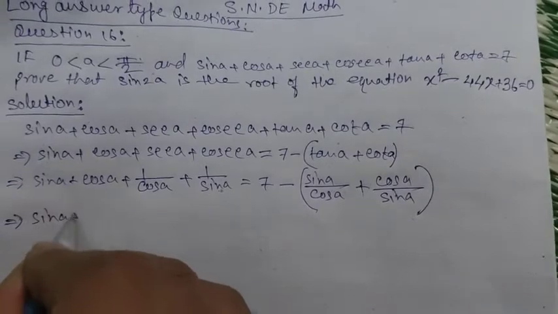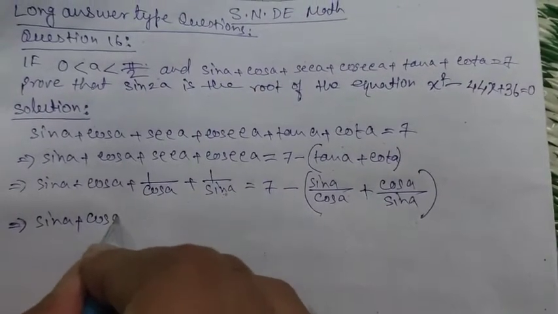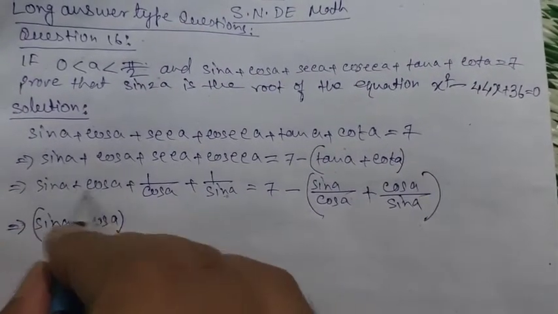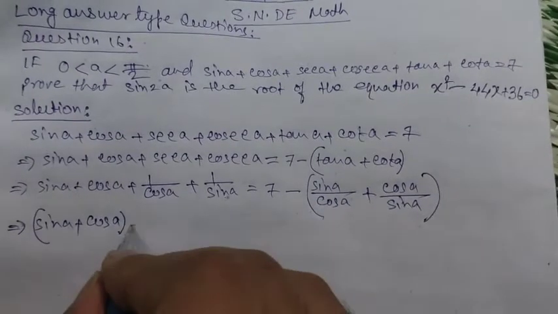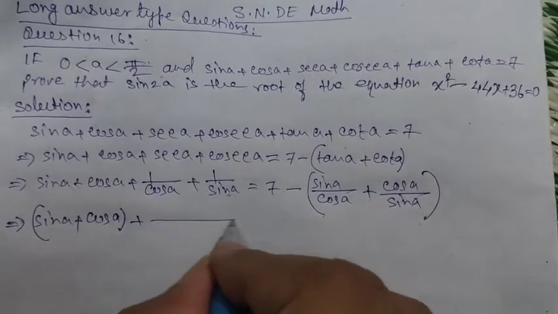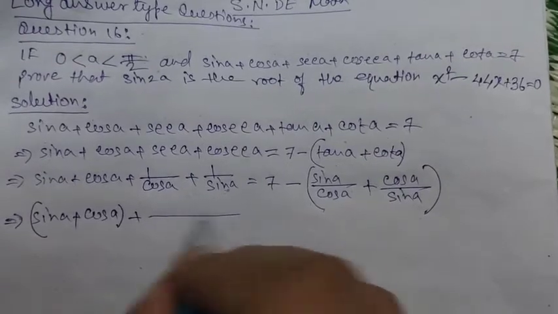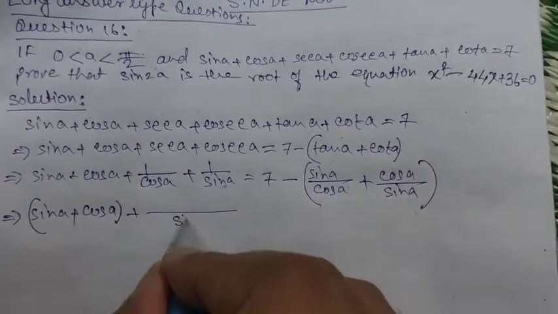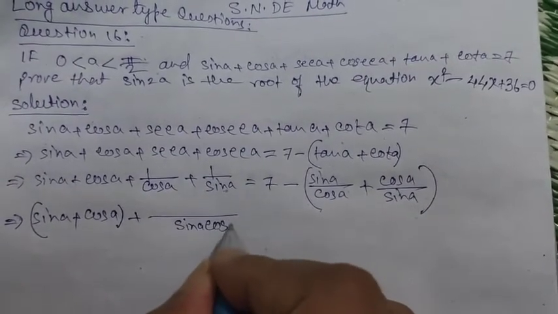Now next, sin a plus cos a, we will put these two terms inside a bracket. Now we will take the LCM of cos a and sin a, so we will get sin a cos a.